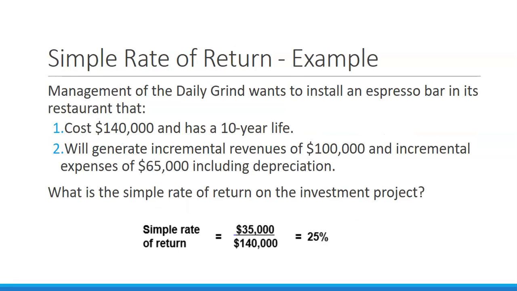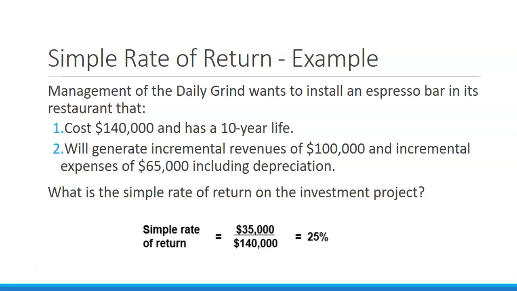So when we look at an example, we're going back to that espresso example that we had at the very beginning of the chapter. So we have that cost of $140,000 with a 10-year life. It's going to generate incremental revenues of $100,000 and incremental expenses of $65,000.